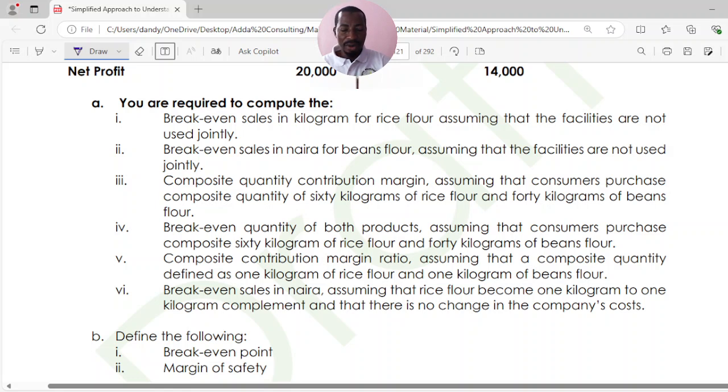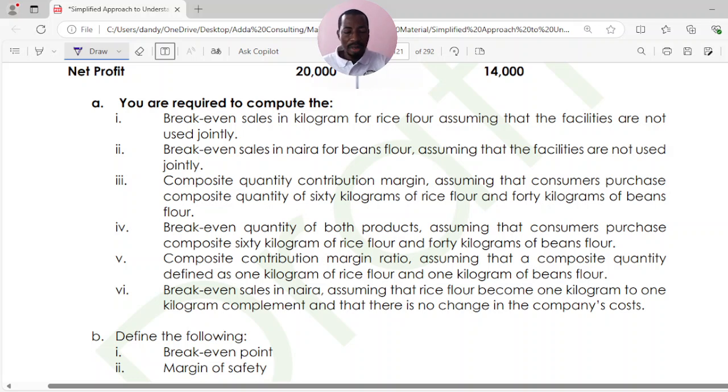Then number 5, composite contribution margin ratio, assuming that a composite quantity is defined as 1 kg of rice flour and 1 kg of beans flour. Then number 6, calculate break-even sales in naira, assuming that rice flour becomes a 1 kg to 1 kg complement and that there is no change in the company's cost.